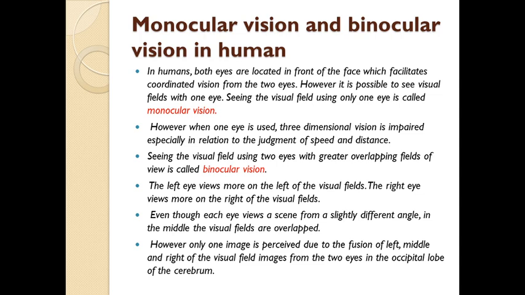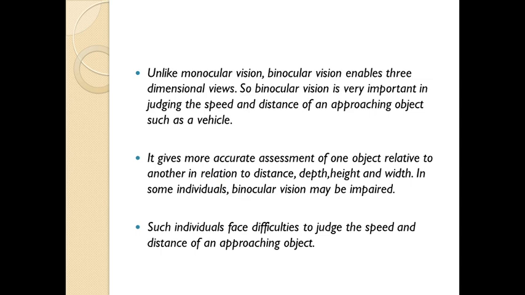However, only one image is perceived due to the fusion of the left, middle, and right visual field images from the two eyes in the occipital lobe of the cerebrum. No matter how many field views there are, we see only one image because of the fusion of those three visual field images. Unlike monocular vision, binocular vision enables three-dimensional views.